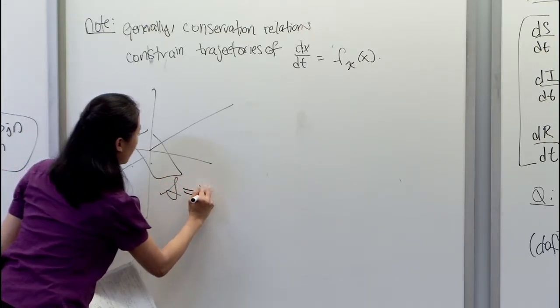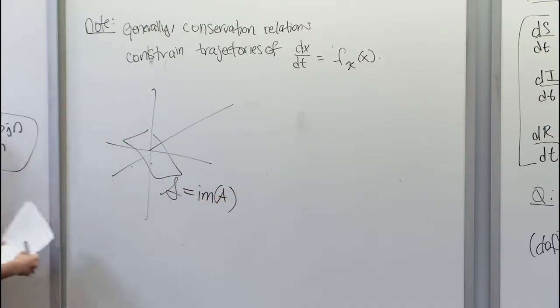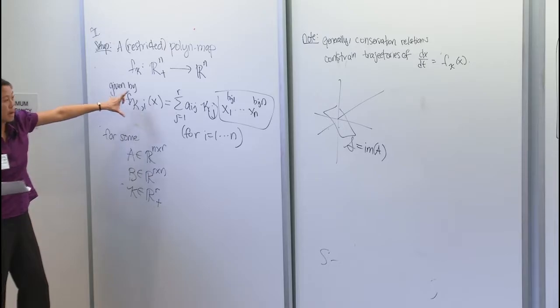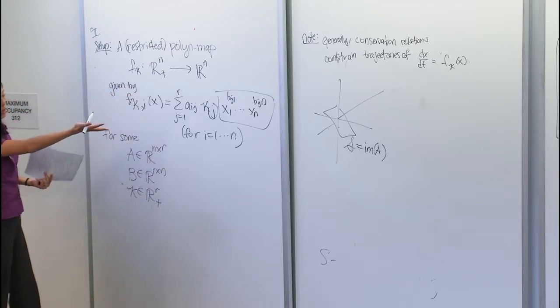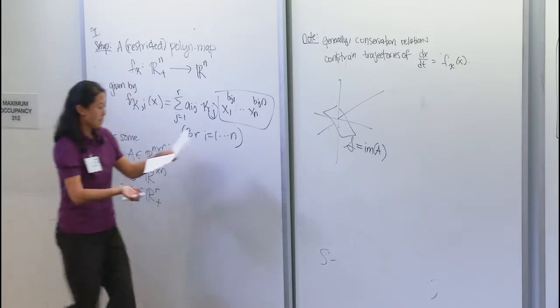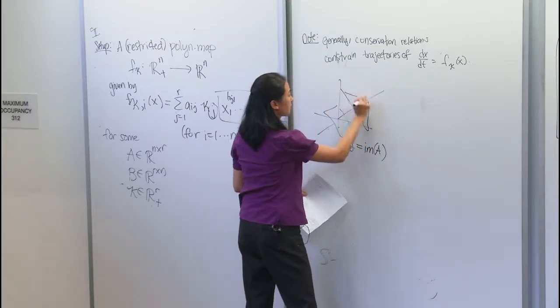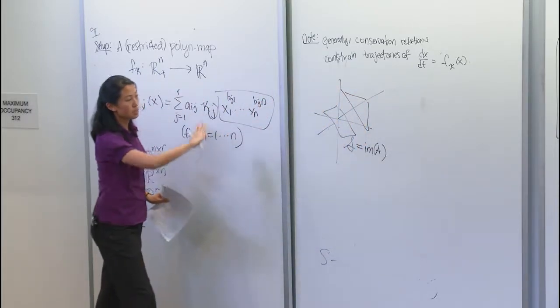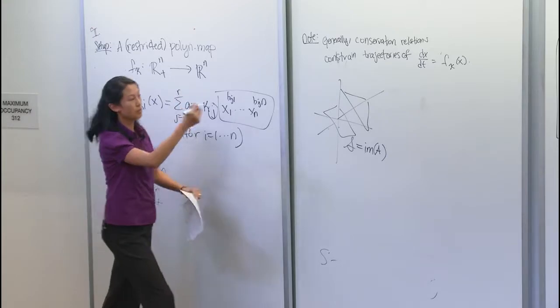So if you go back here and I look at these coefficients a_ij, and the corresponding column vectors, those will constrain the space in which this map lives. In general, this image will be a lower dimensional space, and I'm interested in translations of this subspace, and my solutions will be confined to those.